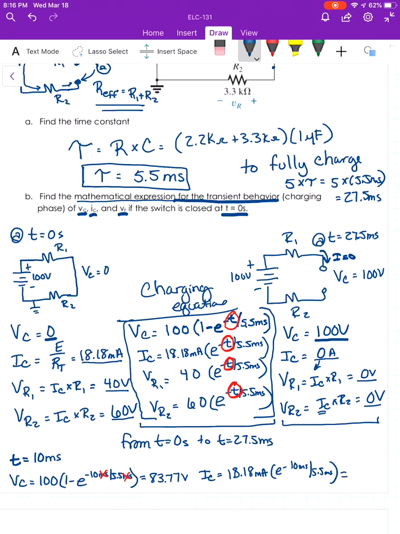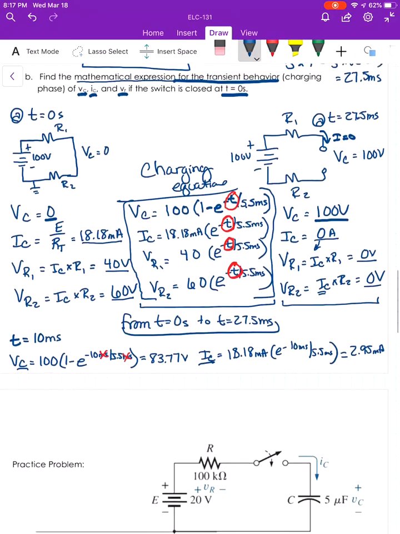So there we're starting at a maximum and going to 0. And there we're down to just under 3 milliamps at that point. So this is how you would find V sub C, I sub C, or VR1 or VR2 for any time between 0 and 27.5 milliseconds.